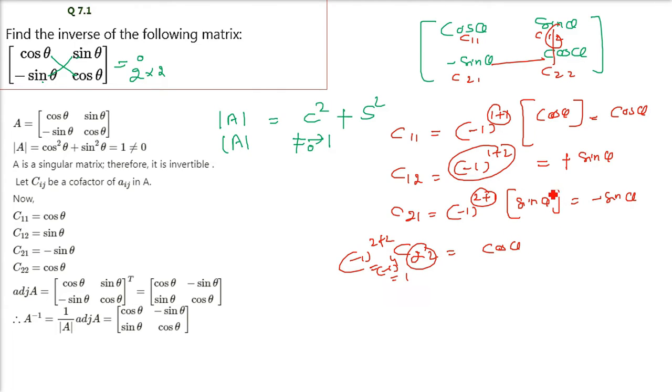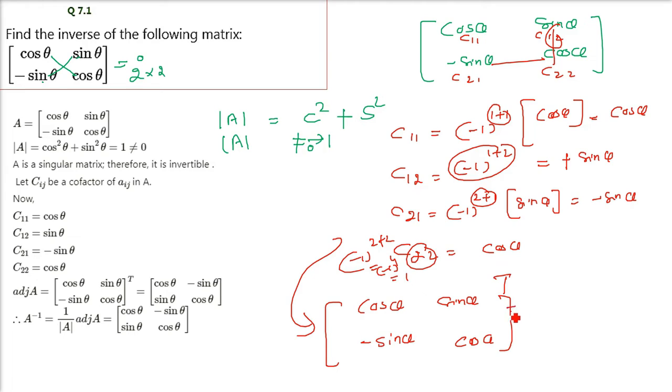Now this cofactor matrix you have to write first. In place of C11, write cos theta. In place of C12, write sin theta. In place of C21, it will be minus sine theta, and C22 is going to be cos theta. Now this is the cofactor matrix.